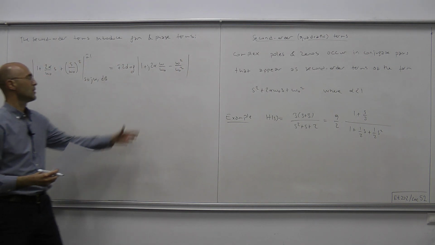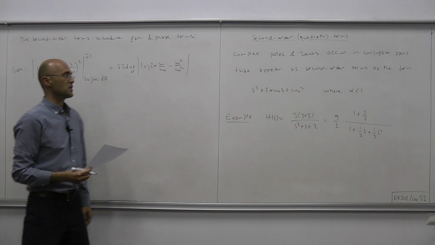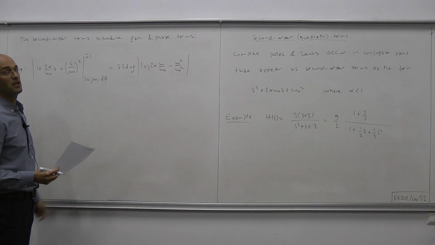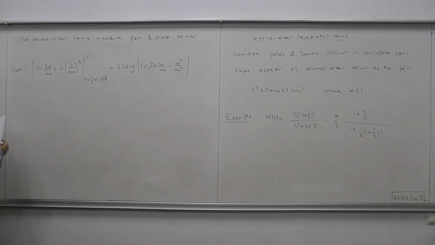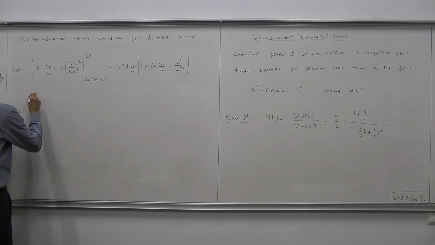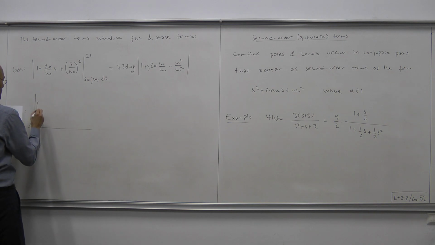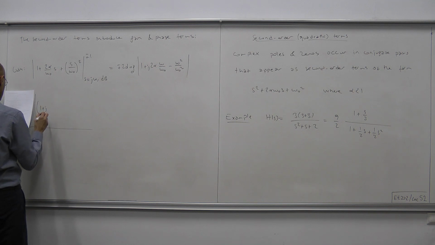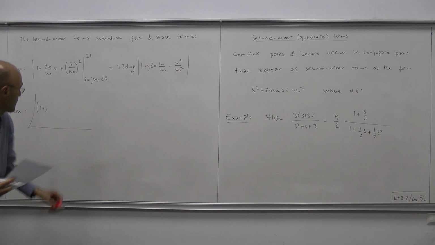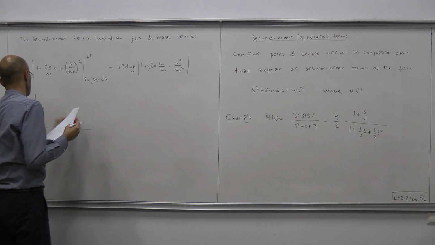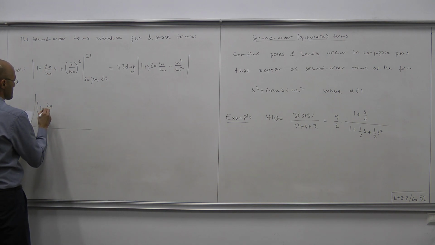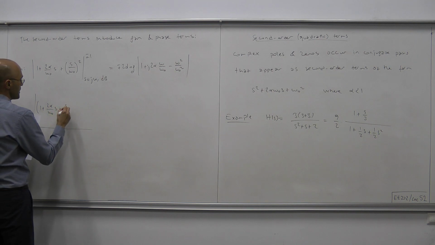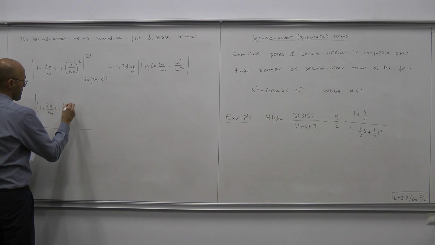Okay, so we have to deal with such a structure when we're trying to sketch the gain plot. As for the phase plot, we have 1 plus 2 alpha over omega 0 s plus s over omega 0 squared.